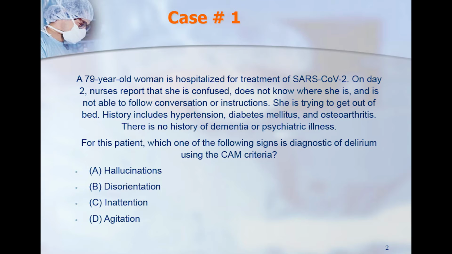There are multiple choices, but just pick one option. What is the major criteria? The question is, which one is diagnostic of delirium? Any one of them you can say is delirium. Now B, C. So Dr. Josoye, how many A, how many B, how many C? Can you wrap it up?